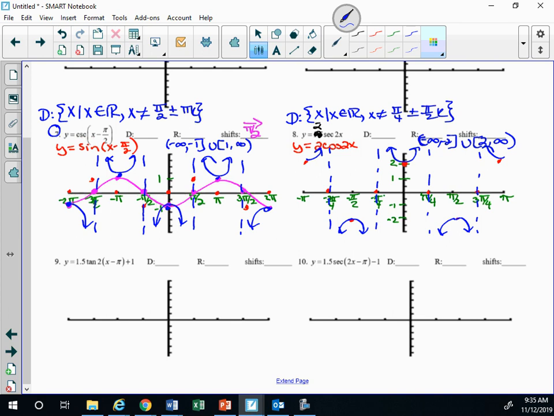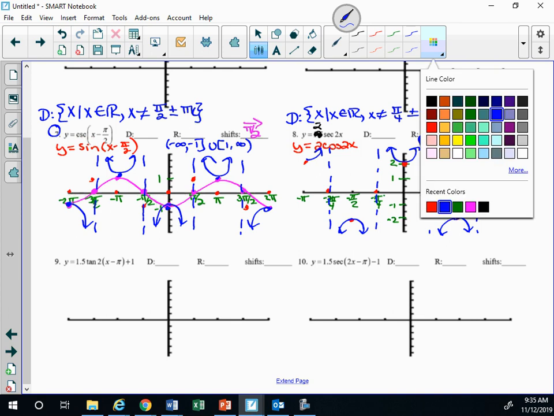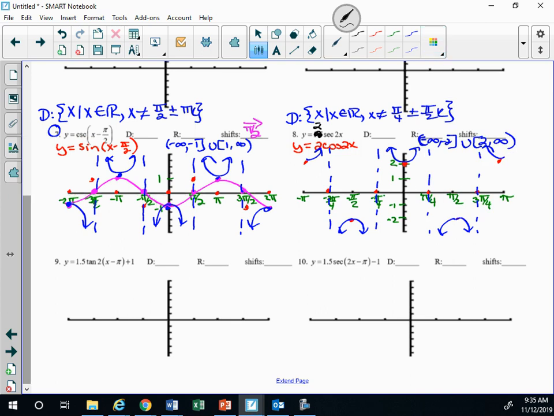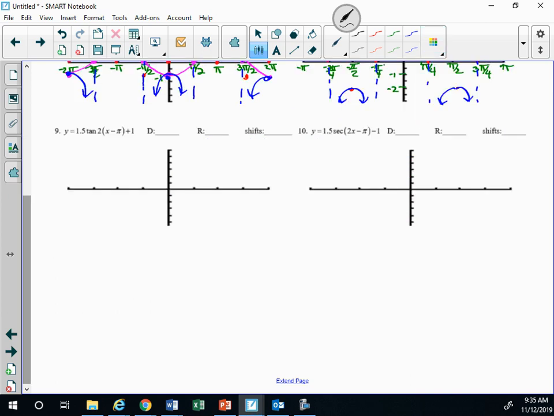I'm changing number 10 too, because I want to make sure you see a shift off of the x-axis. So, number 10. Let's change this so we just won't have a stretch. And we're going to do minus 2. Okay?